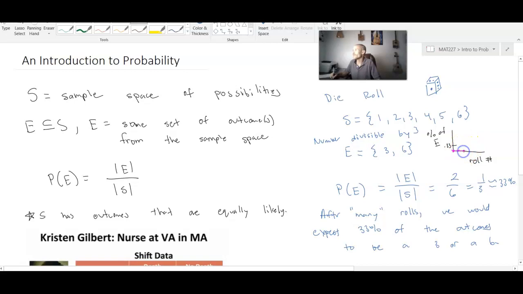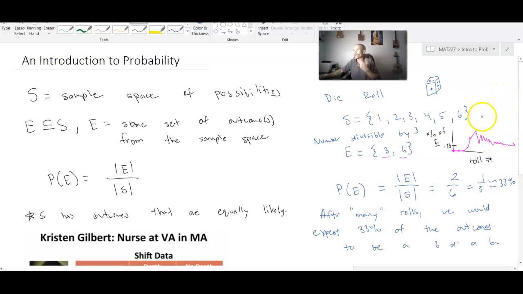So if we keep track of the cumulative percentage, the percentage of the time that one of the elements in event E popped up, we'll start to see maybe a slow increase. Over time, the percentage of 3s and 6s that we get may jump up, may jump down, but eventually what we expect is that in the long run, for many, many rolls, 33% of those outcomes will result in either a 3 or a 6.